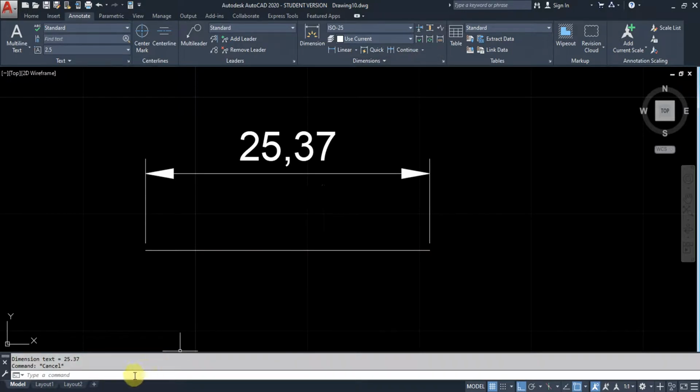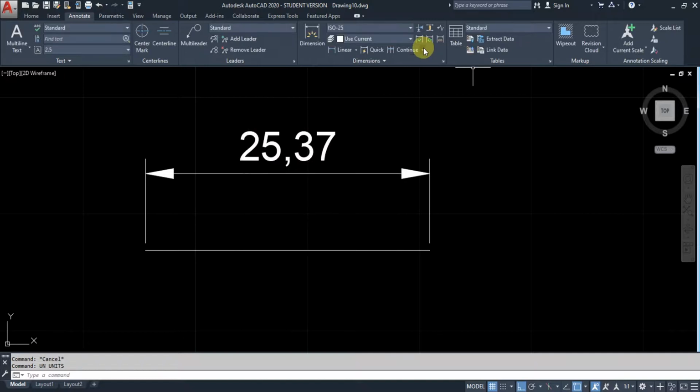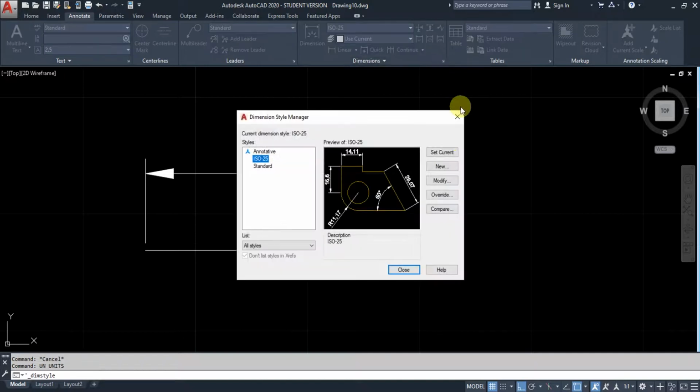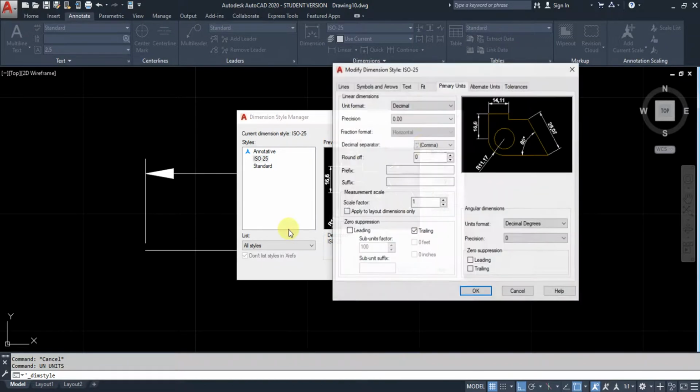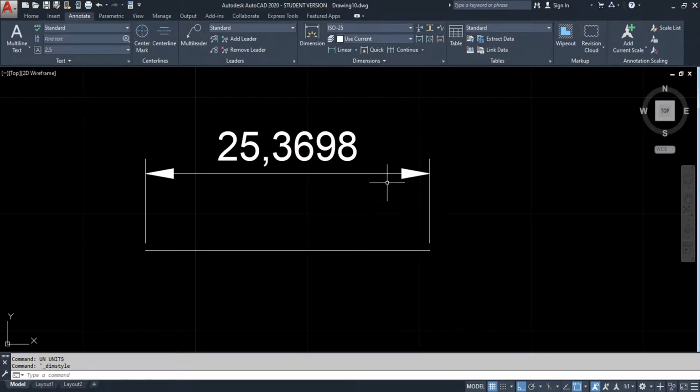Not only can we control the precision here, we can control the precision here also. In these units, the trailing and leading zeros will be suppressed, so no need to care about it. If you want you can change the setting, and they will appear.